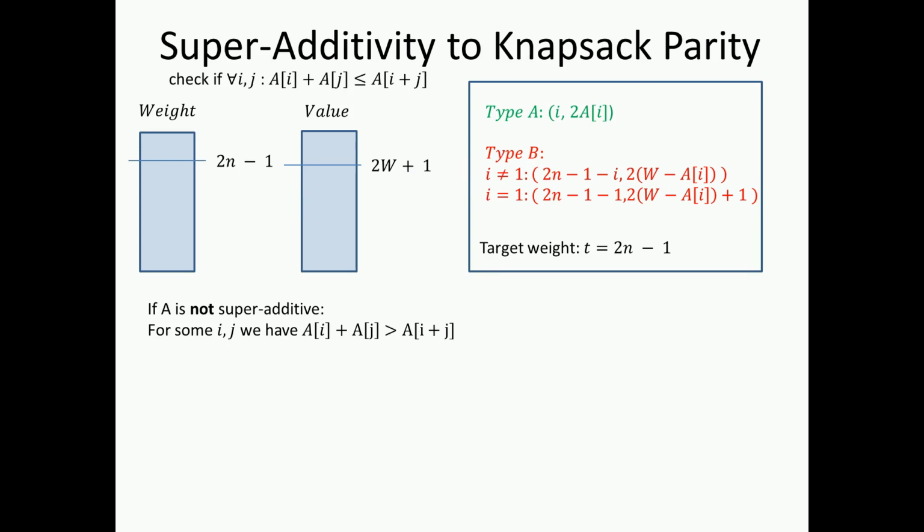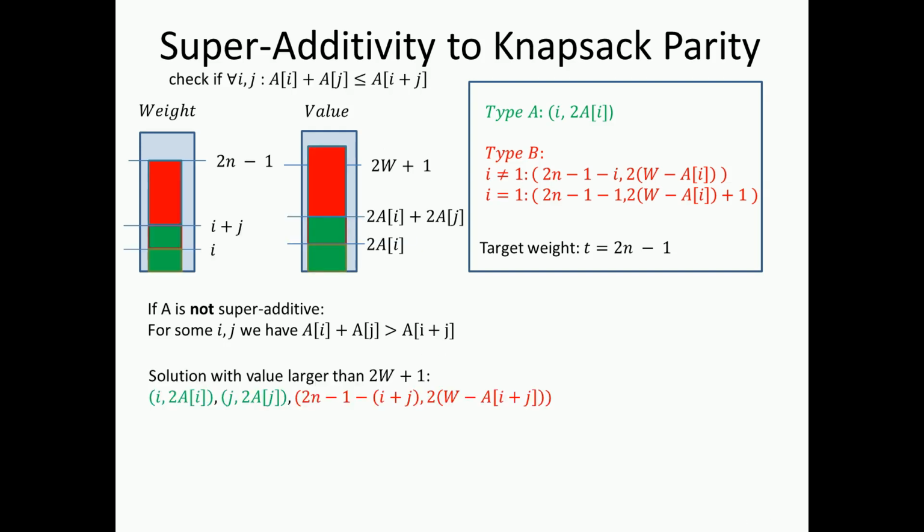So now we want to show that if A is not super-additive, then the knapsack solution must be even. If A is not super-additive, then there are some i and j such that a_i plus a_j is greater than a_(i+j), and there is a solution with a value larger than 2W plus 1 by selecting the type A items for i and j, and also taking the type B item for index i plus j.